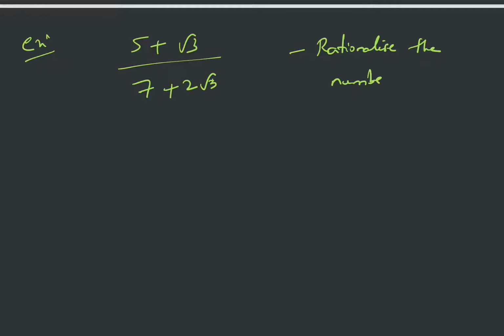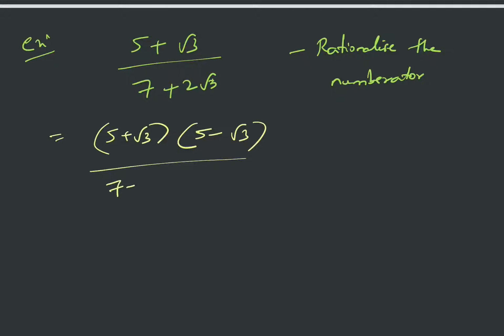Here you see that the numerator is 5 plus root 3, which is an irrational number. So I want to rationalize it, so I multiply with a conjugate. What is the conjugate of 5 plus root 3? It is nothing but 5 minus root 3. So I just multiply and divide with 5 minus root 3 in both numerator and denominator.